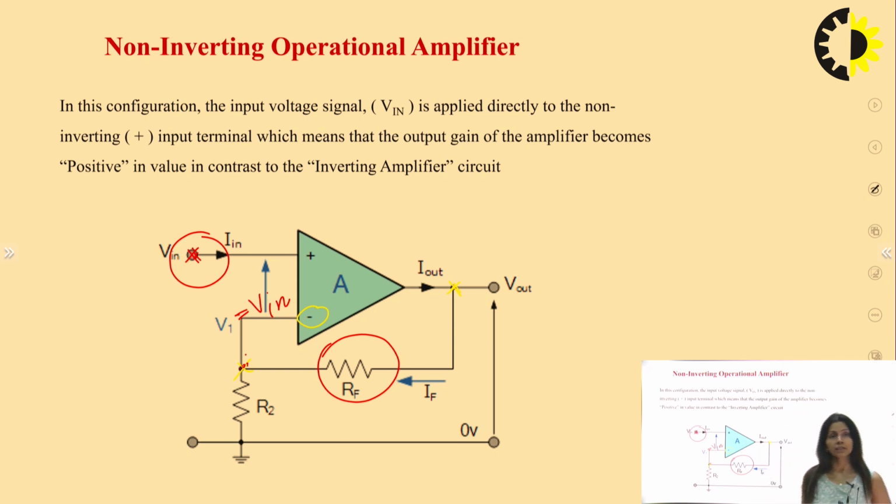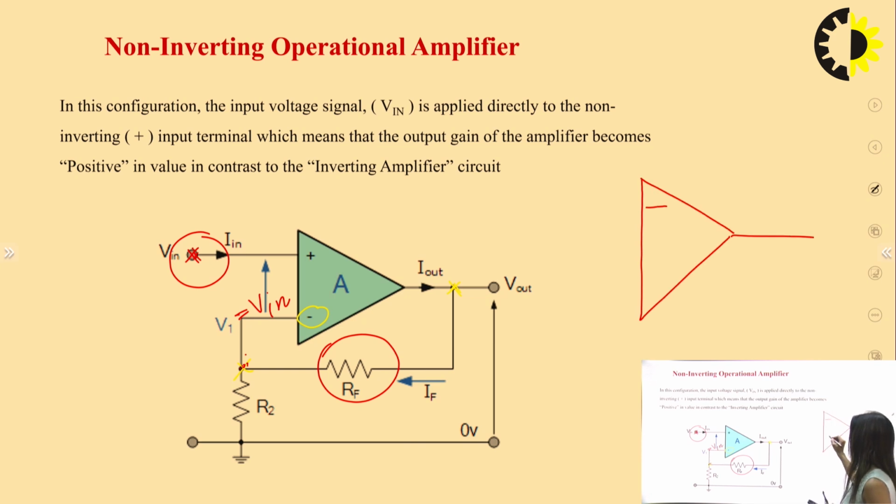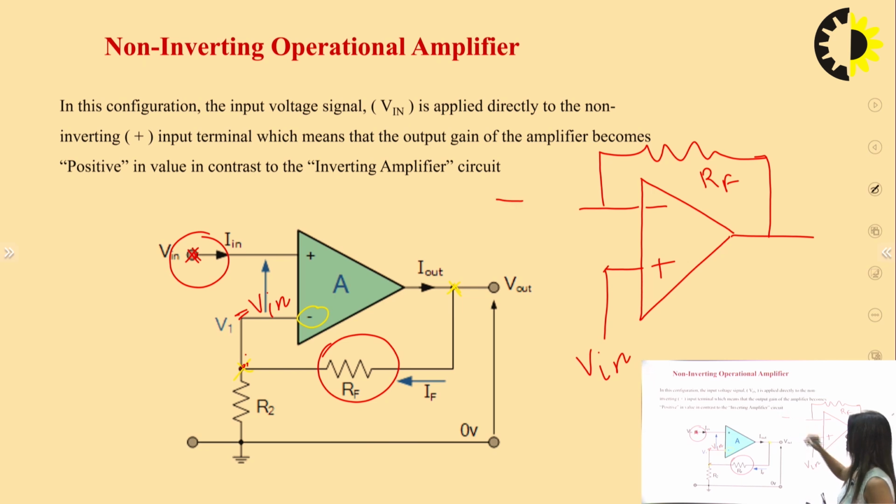I can modify this circuit according to me also. That means if you want, you can redraw the circuit with the minus terminal at the upper side. This output is connected through this RF, and here we have given V in. Okay, and here there is some resistance R2, and R2 is grounded.